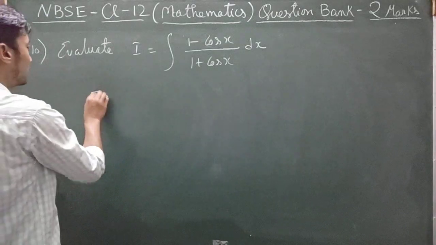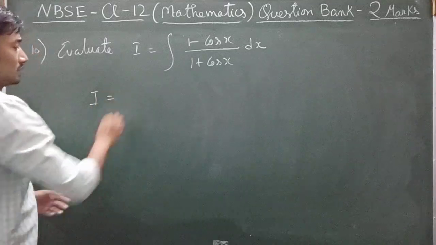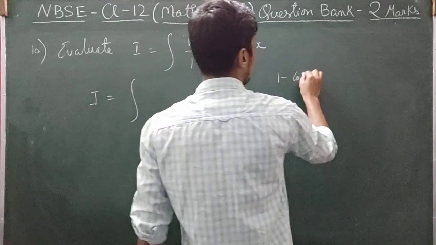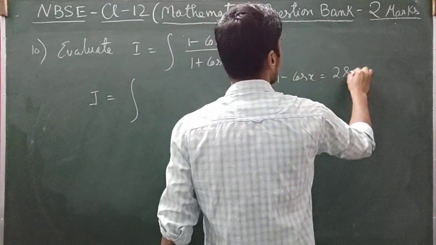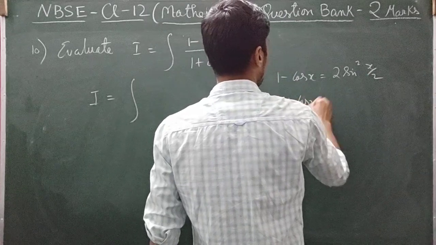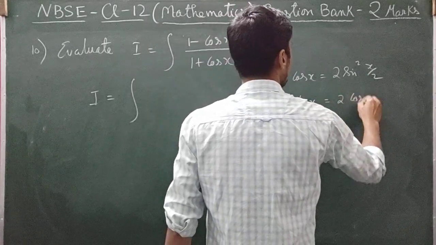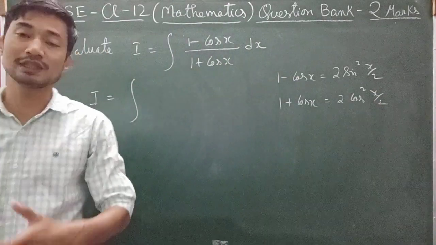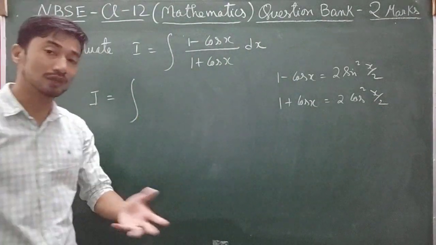Now, again, 1 minus cos x, we know it's 2 sine square x by 2, and 1 plus cos x is 2 cos square x upon 2. That's from the half angle formula of trigonometry that was learned in class 12, if you remember.